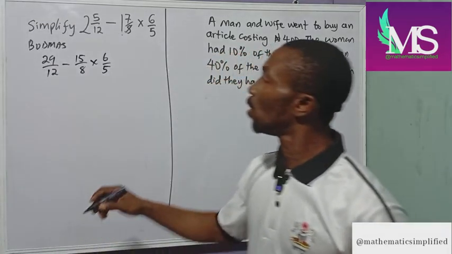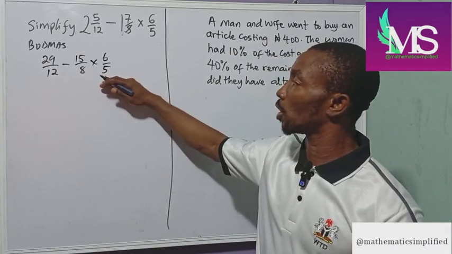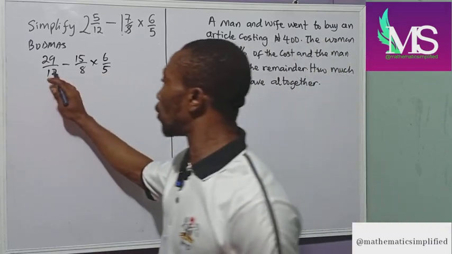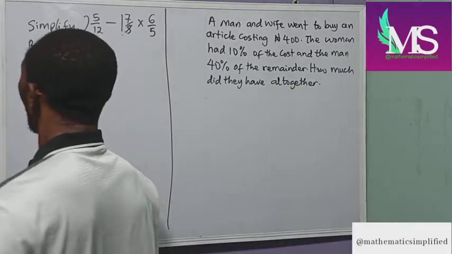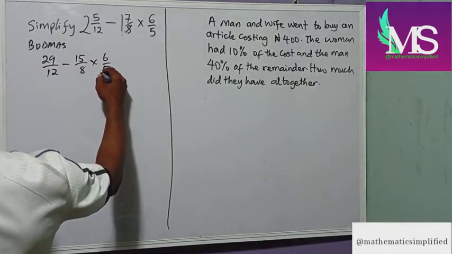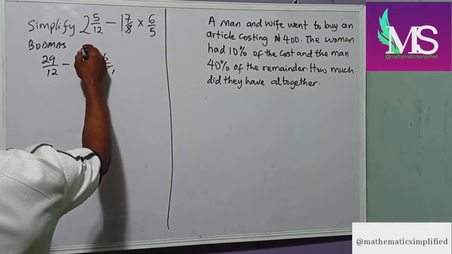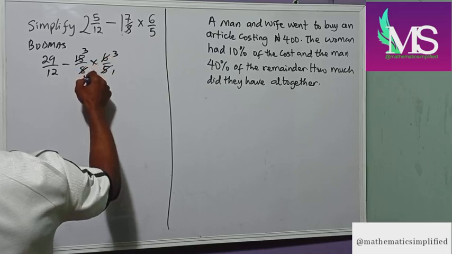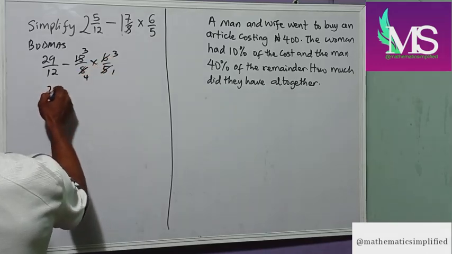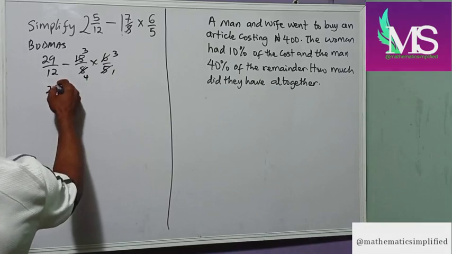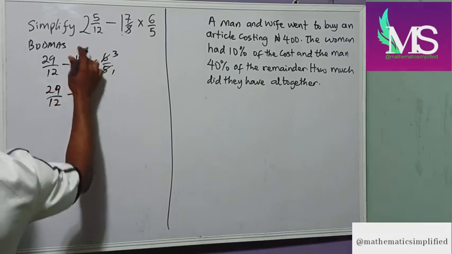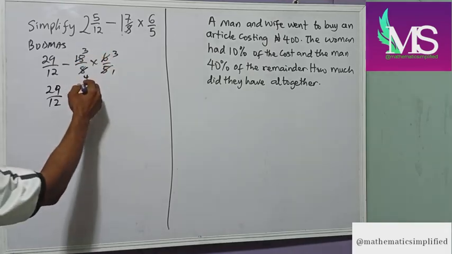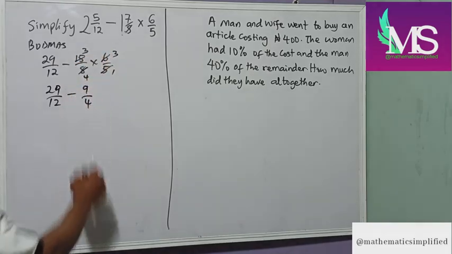So from here we will work on this multiplication first before subtracting. 5 here, 1, 5 here, 3, 2 here, 3, 2 here, 4. So this leaves us with 29 over 12 minus 3 times 3, 9 over 4.